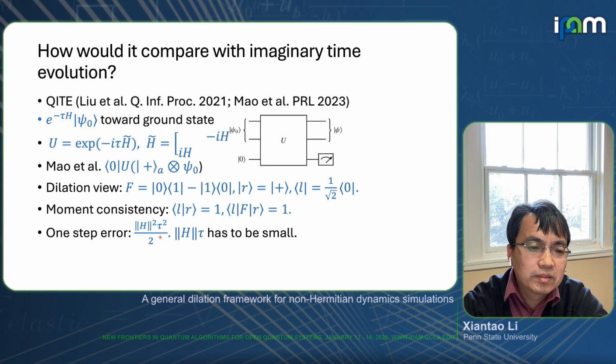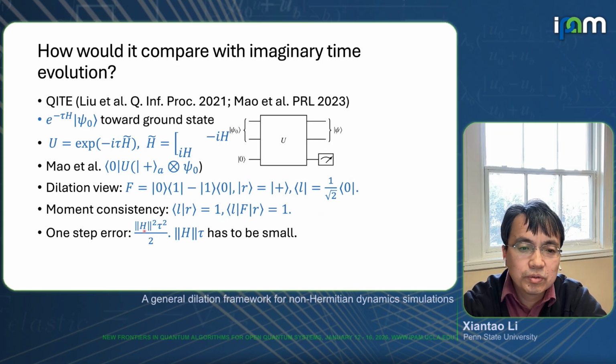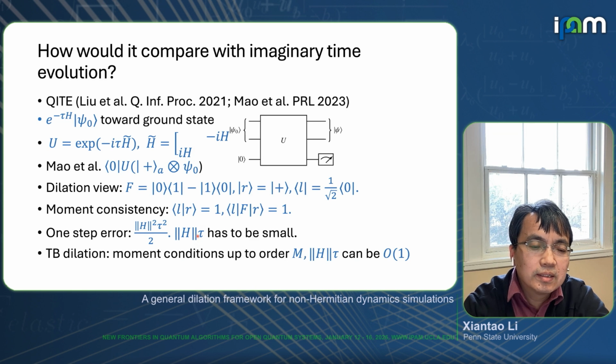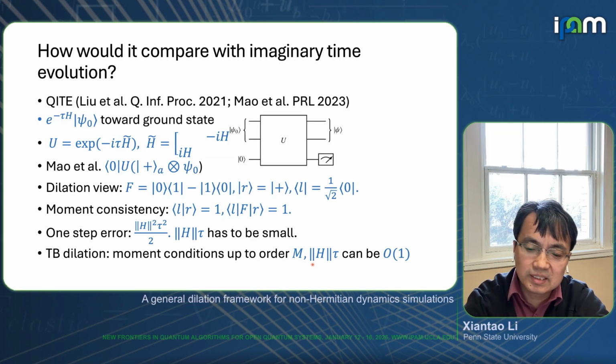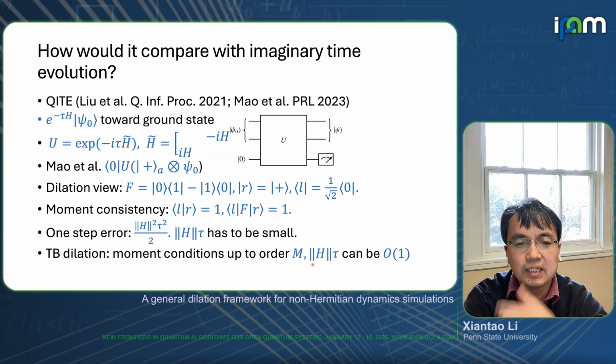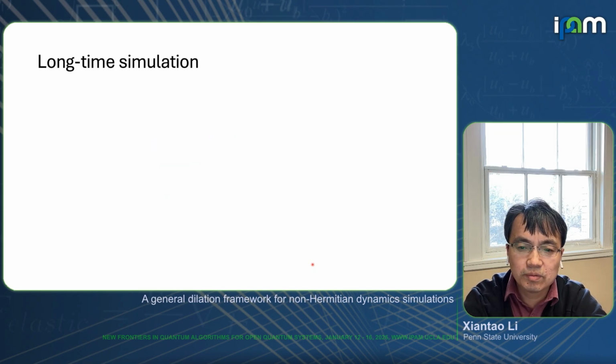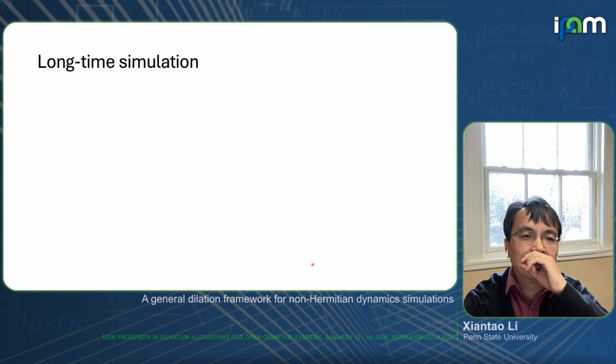And because of that, your one-step error is going to be proportional to the norm of h squared times tau squared. So in order to maintain the accuracy, this has to be small. On the other hand, our dilation method here can satisfy many, many more moment conditions, and it allows you to choose this h times the step size to be close to 1. Although we haven't implemented this on real hardware, theoretically, this is better in terms of the accuracy. And so because of that, you can make the step size much bigger.